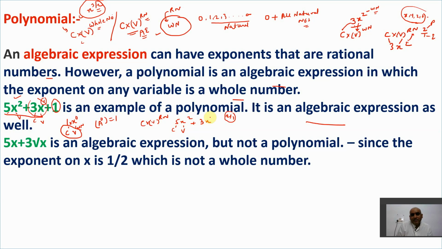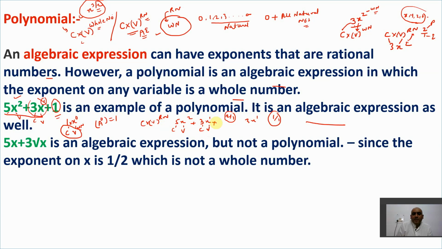Yes, 3x also follows the rational number idea. We can think of it like this: this is actually 3x to the power 1, right? So this is a constant, x is a variable, and again the variable's power is 1. That means it is a rational number because we can write 1 as 1 by 1. So it takes the form of p by q. And the last one again is what? Single 1.